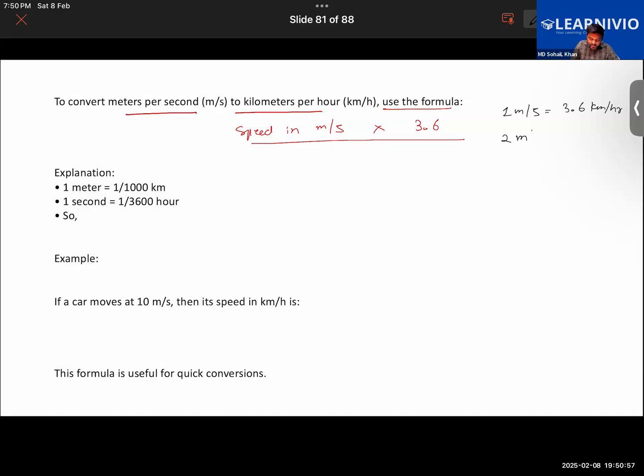What can you say about 2 meter per second? Tell me, what will 2 meter per second be equal to? No, 2 meter per second I'm saying. Just now I told you to multiply it by 3.6. We have to multiply 2 into 3.6. Exactly. That will be equal to? Both of you do the multiplication.